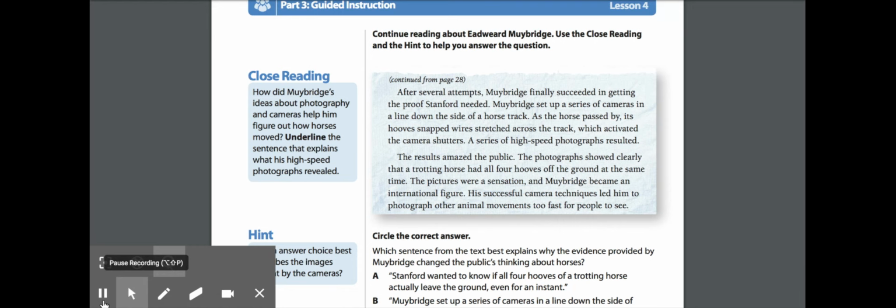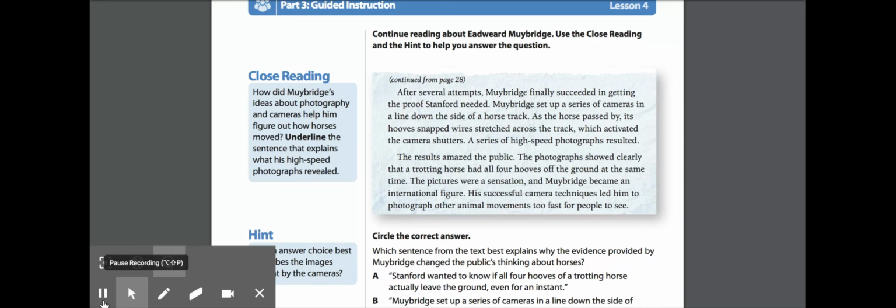After several attempts, Muybridge finally succeeded in getting the proof Stanford needed. Muybridge set up a series of cameras in a line down the side of the horse track. As the horse passed by, its hooves snapped wires stretched across the track, which activated the camera shutters. A series of high-speed photographs resulted.